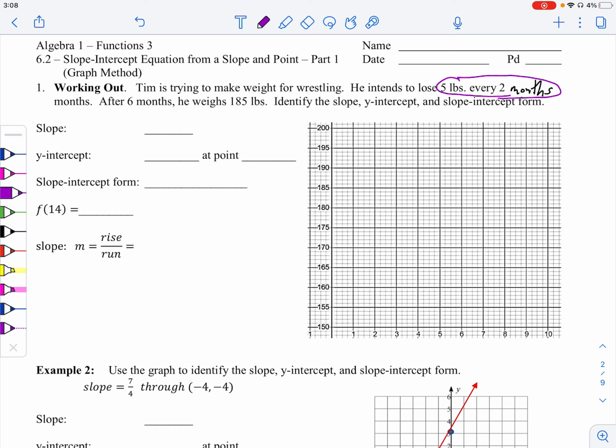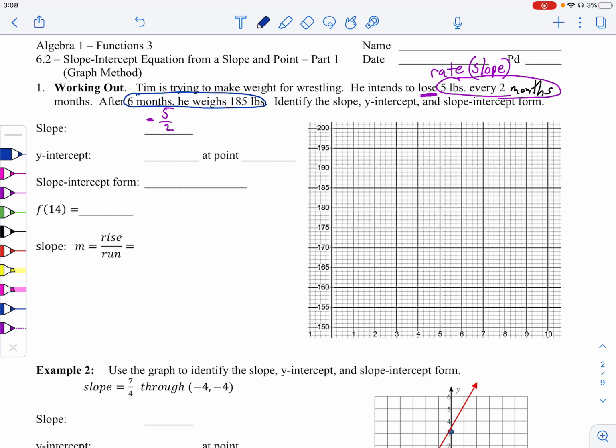So 5 pounds every 2 months, that is our rate, which is also our slope. So 5 over 2, you can write that in already. He's losing 5 over 2, so it should be negative, because it's going down.